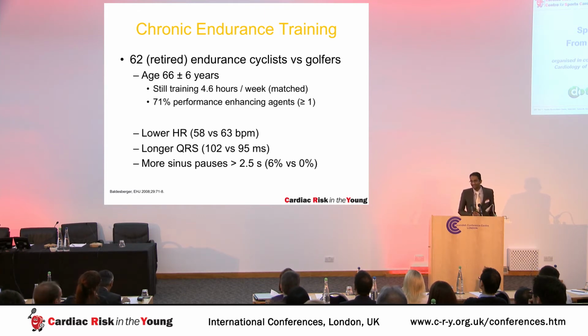By that I mean they had lower heart rates, longer QRSs, and more asymptomatic sinus pauses, certainly a higher prevalence of that, although the interpretation of this is somewhat complicated by the fact that despite being retired, they were all still training over 4 hours per week, and a majority of them used performance-enhancing agents, the effect of which we can't discern. Nonetheless, detraining could be considered in these individuals.